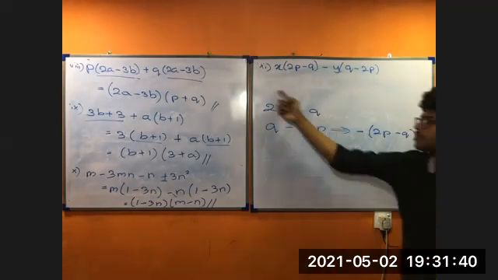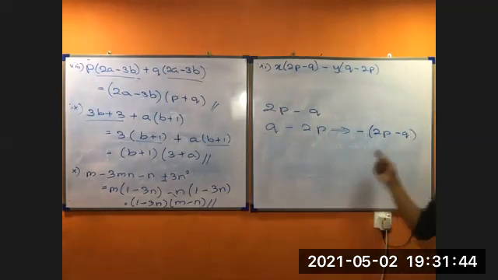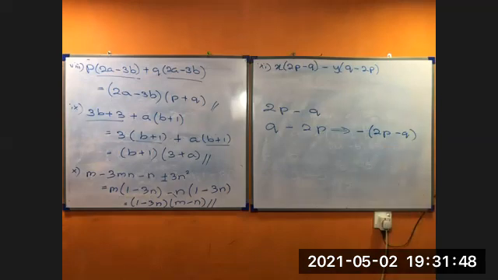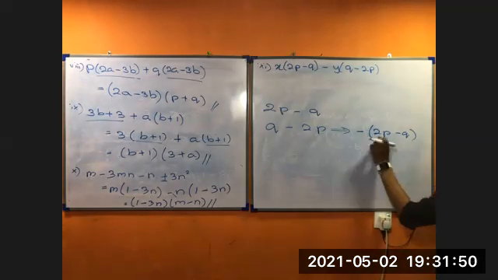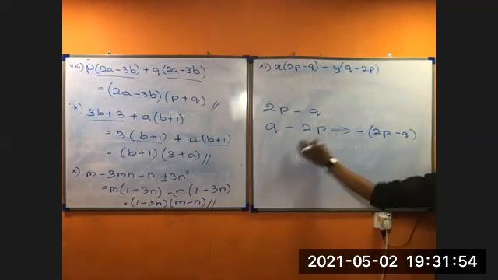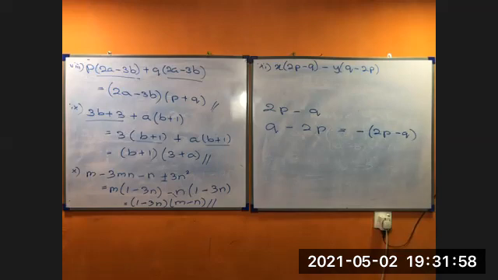That means I'm going to take a minus outside. From q, when I take a minus out, it is going to be minus q. From minus 2p, when I take a minus out, it's going to be 2p. So simply, you can put a minus here and swap the numbers. Both are the same, they should be equal.